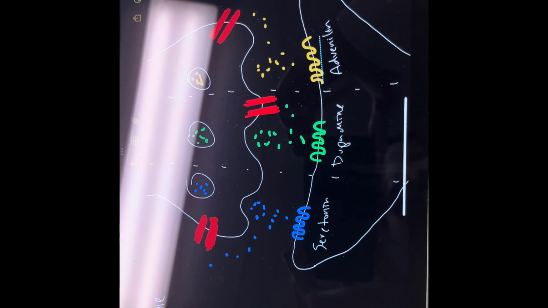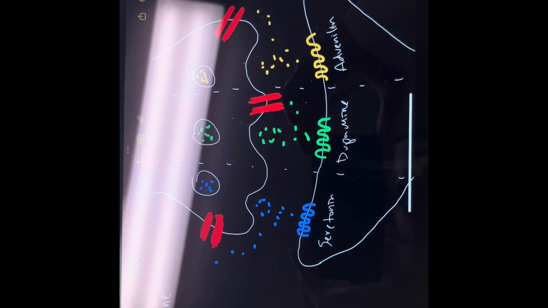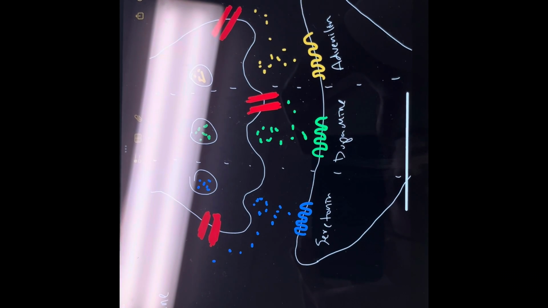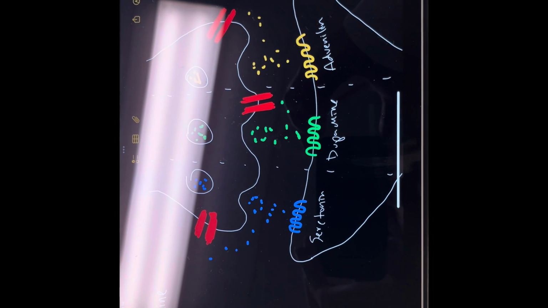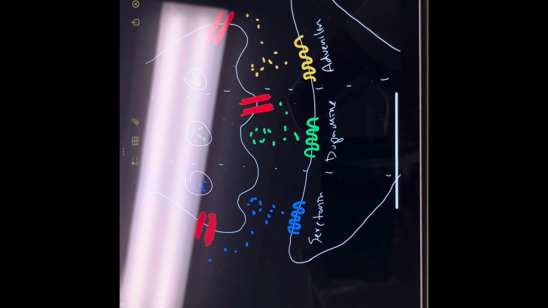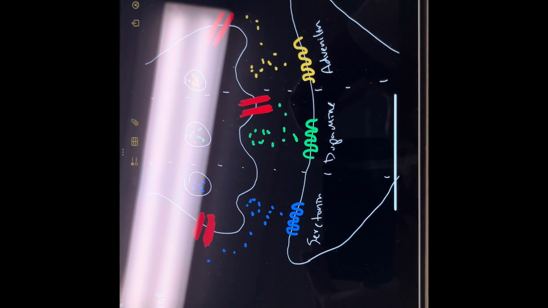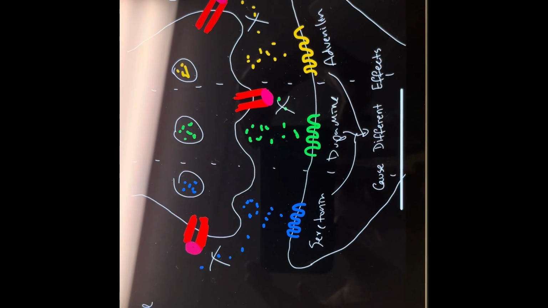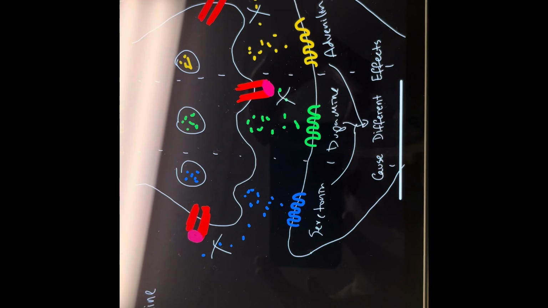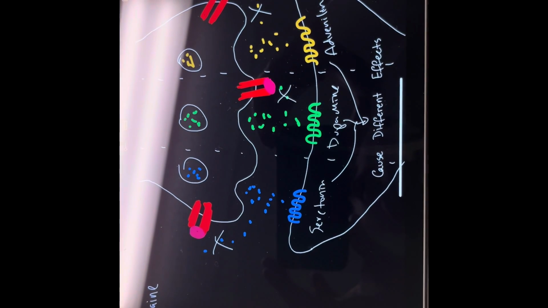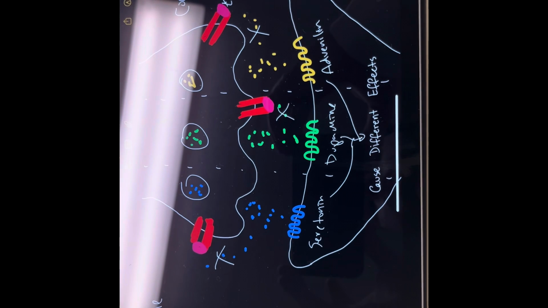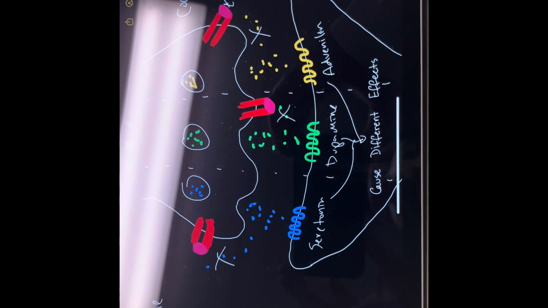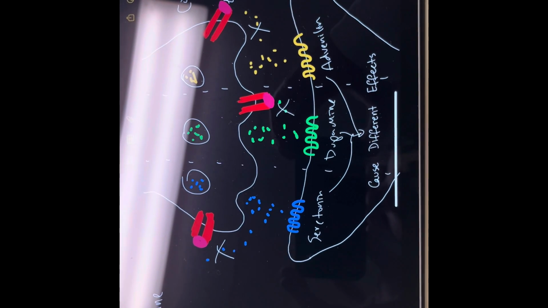The three molecules that it releases will be serotonin, dopamine, and adrenaline. And as you can see, the dots are going towards these protein channels that will be cycled back into the cell. And when we add the cocaine in, you can see that the adrenaline, dopamine, and serotonin do not actually go into the cells and return back to where they should be, so they're all blocked out, and there's an excess in the synapse.